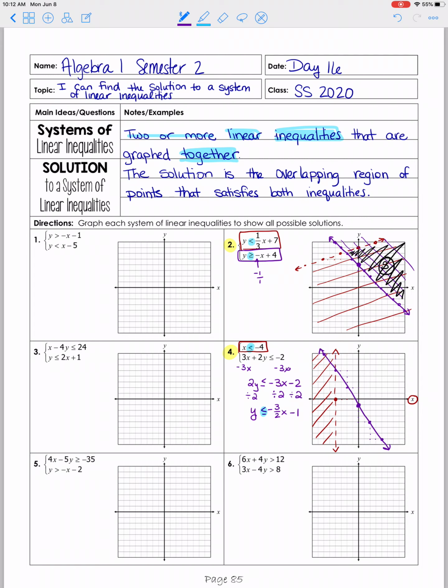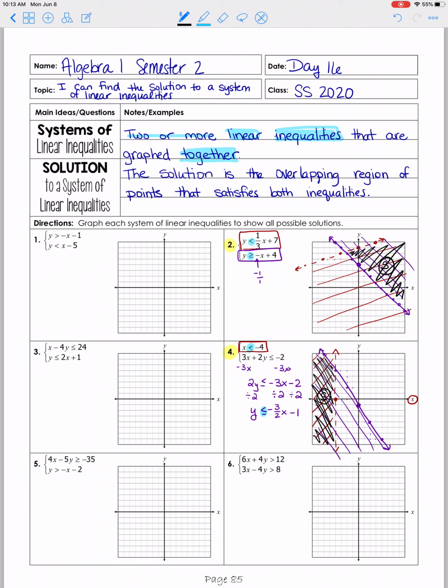And y is less than the line, so we want to shade this guy. So the solution to this linear inequality is the places where it's both purple and red. So here's that point of intersection, so it's going to be this region right here. So that's going to be the solution region.